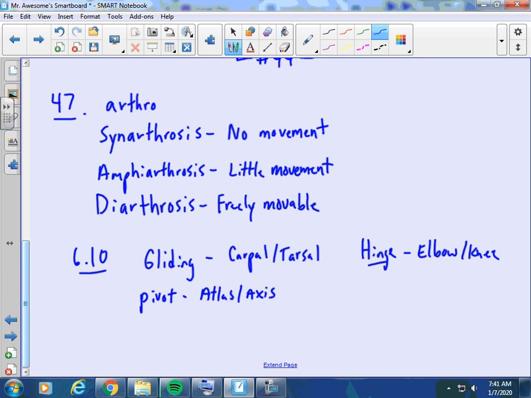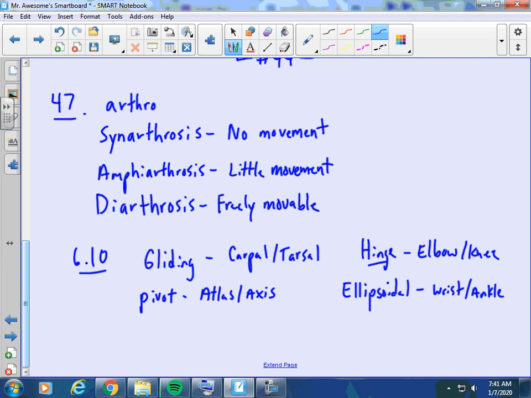We can see ellipsoidal. Not sure if I spelled that right. Sometimes called condyloid. This might be between long bones meeting at the wrist or ankle. That might be confusing with gliding.